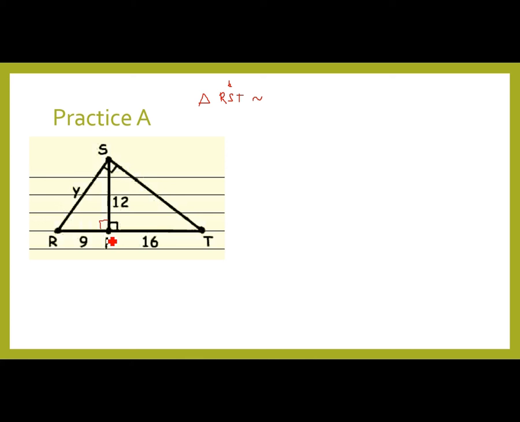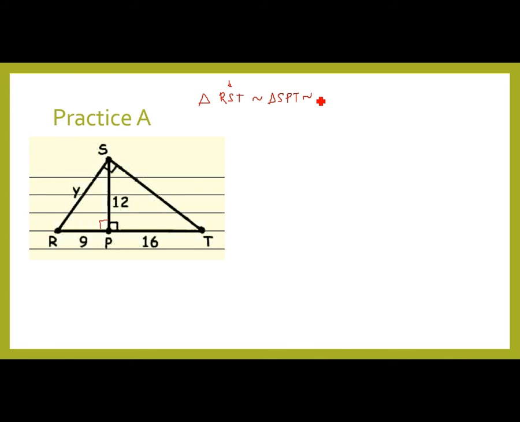So we want the P, that's going to go with the S. And we went from small to large to hypotenuse. So we want to do that same thing with this triangle. We're going to go from small, which is SP, to large, which is PT, and then the hypotenuse. So that's in that order.